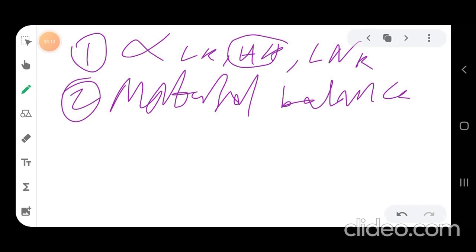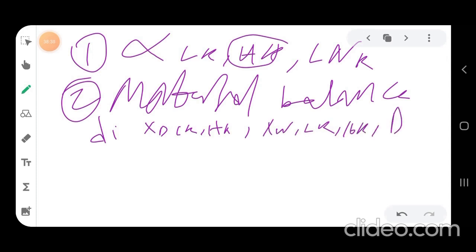Let me summarize the most important variables: the distillate flow rate for the individual components, like XD for the light key and for the heavy key, and also X waste for the light key and for the heavy key, like D and W. Everything that is needed in the correlations, we need to find in the second step, which is the material balance.